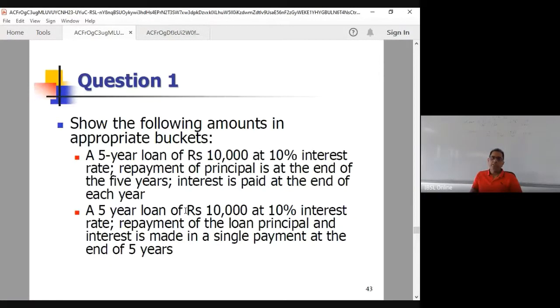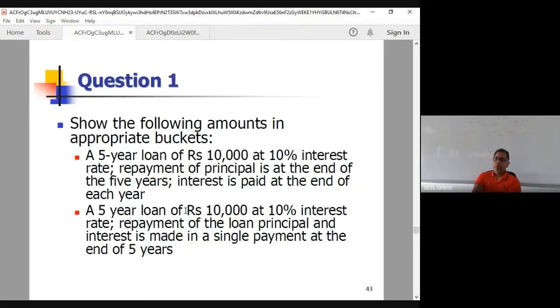Okay, so the question is: you have a 5-year loan of 10,000 at a 10% interest rate, repayment of principal is at the end of the 5 years, and interest is paid at the end of each year. Then you have a 5-year loan at 10% interest rate, where repayment of the loan and interest is made in a single payment at the end.